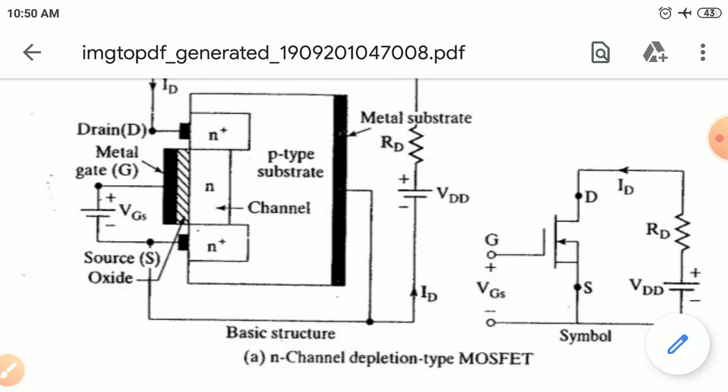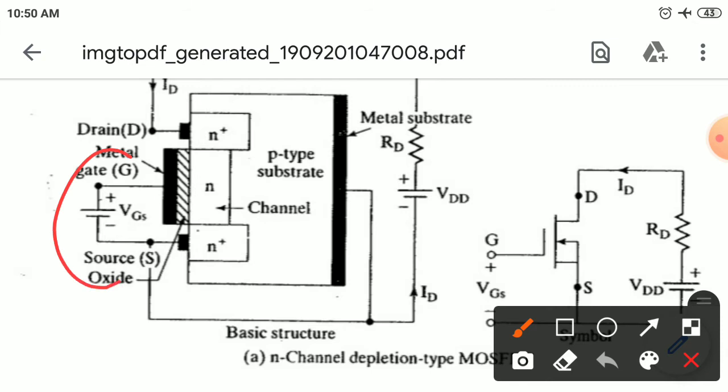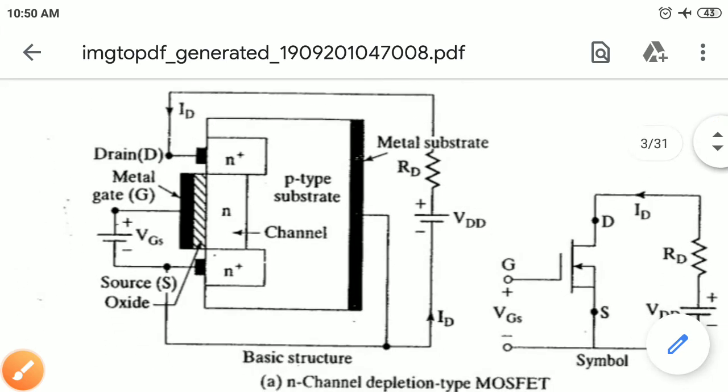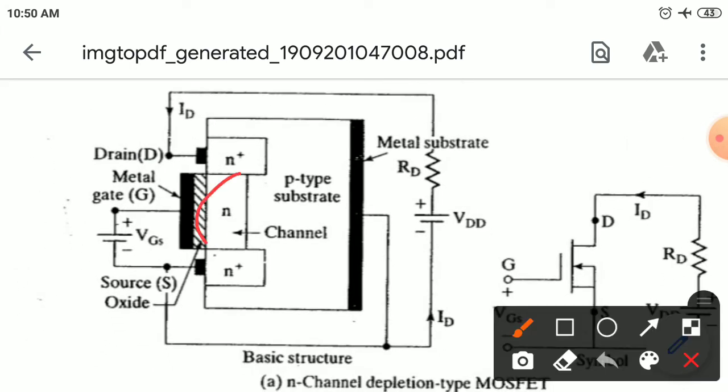On the other hand, I said when VGS is negative, the channel becomes narrow. Now if VGS is made positive, the channel becomes wider. IDS, the current flowing from drain to source, increases due to the reduction in drain to source resistance.